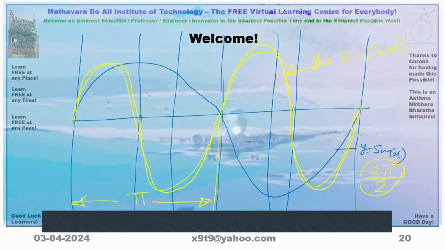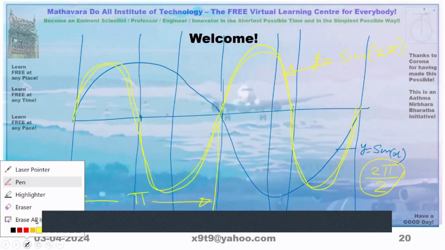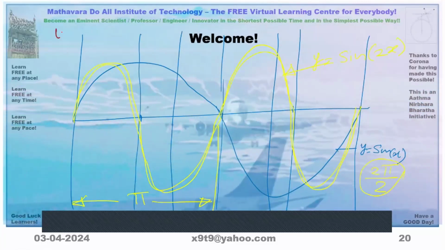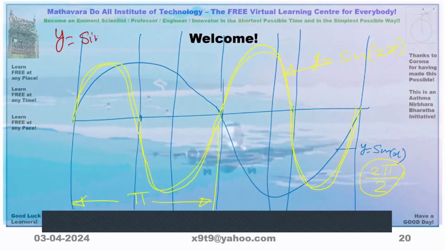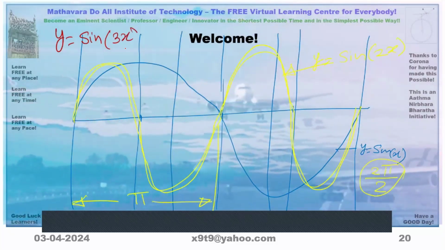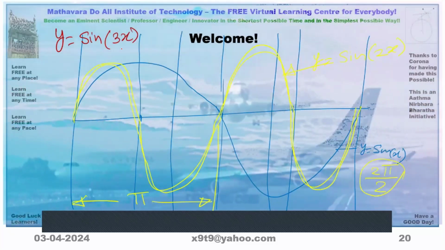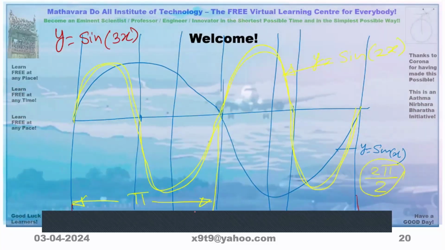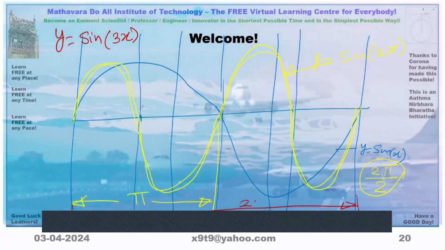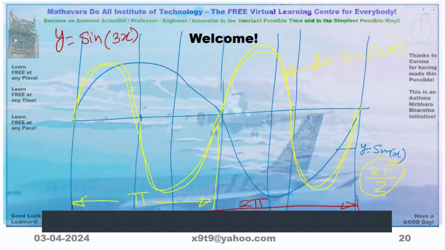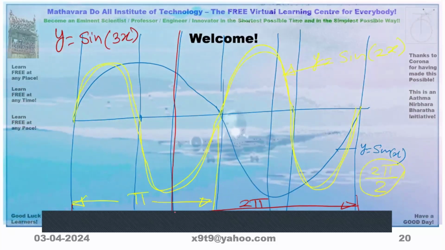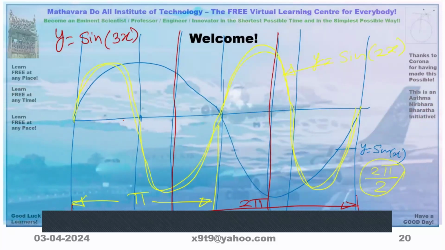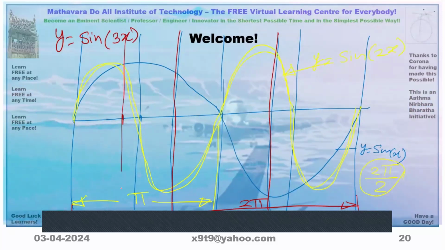Now, if you want y is equal to sin 3x, then we have to divide the 2 pi, which was originally here, into 3 parts. So this is one part, here to here, another part, another part. Within this the cycle will be over.